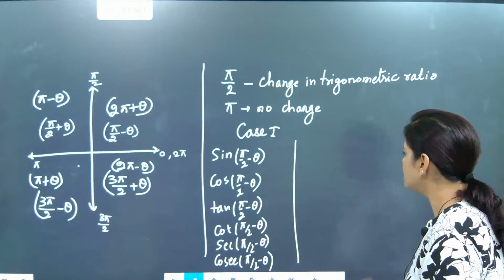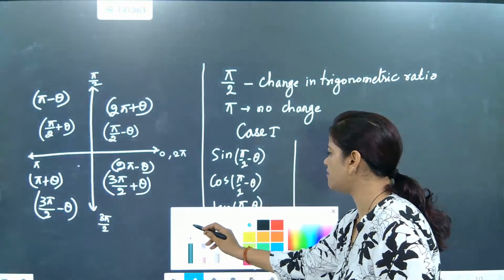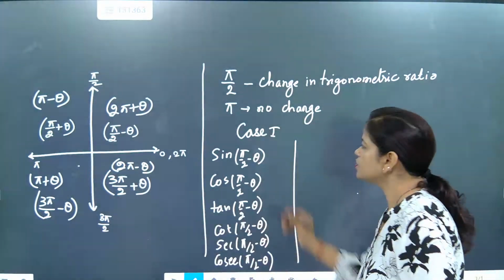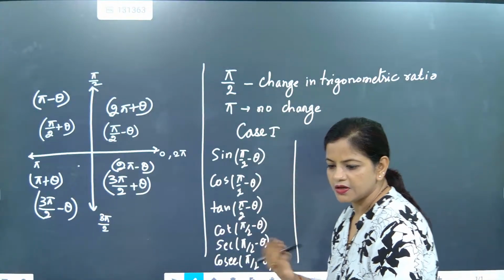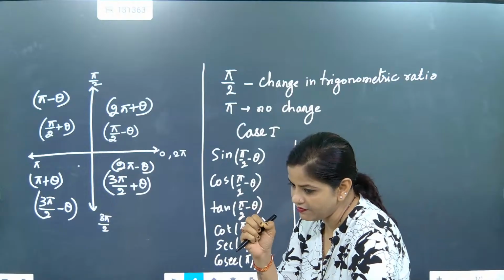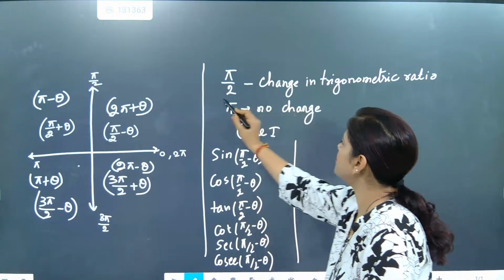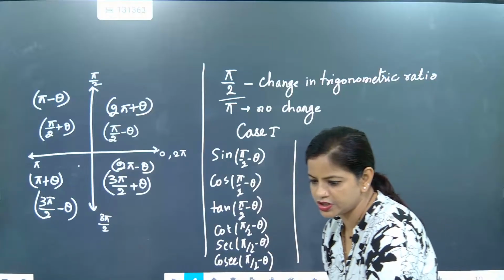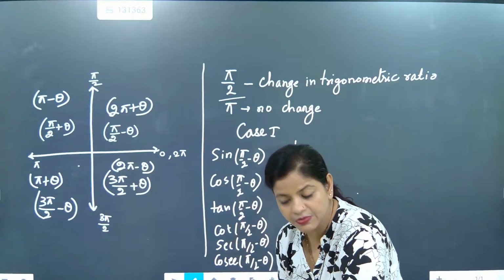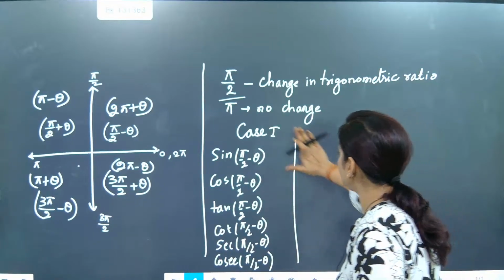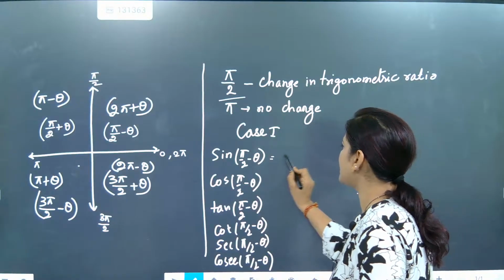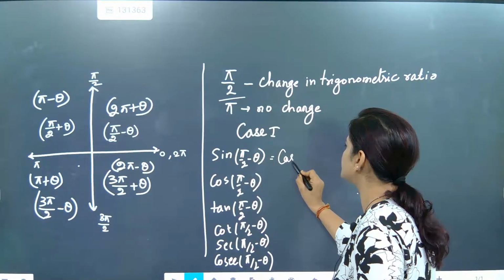So here all 6 trigonometric ratios are there and we are going to work for it. Okay. So sine of pi by 2 minus theta. I told you when pi by 2 is there, pi by 2 means odd multiple, means change the trigonometric ratio. There is a reason behind it also. Now let's see, sine will get converted into cos theta.